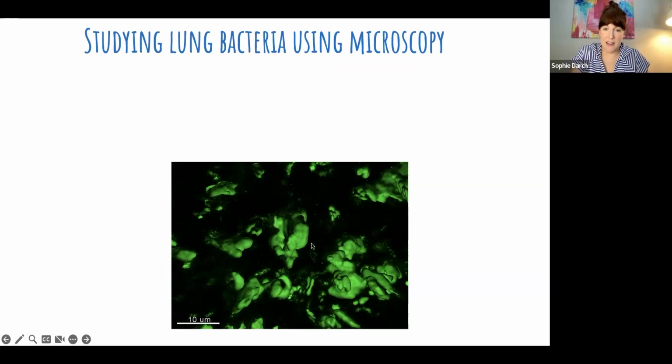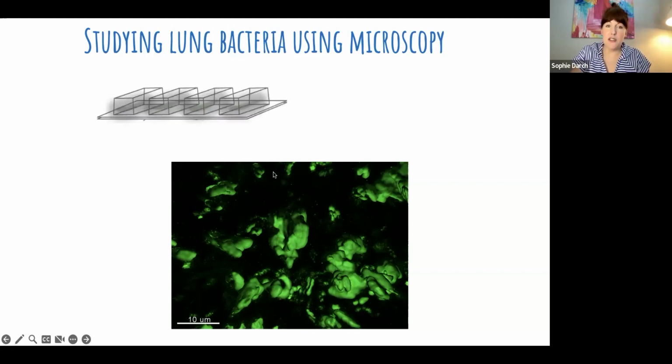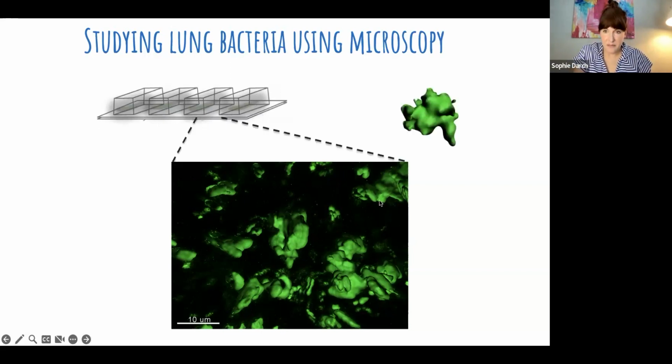You can see we can look at it expressing green fluorescence, and we can actually see these bacteria growing in this environment. We basically just use what looks like a regular microscope slide that you might use in the lab. It just has these little wells, so we can look at a little bit more volume. So that liquid sputum that I showed you, we add our bacteria in here, and then we can look at them on the microscope, and we get lovely images like this.